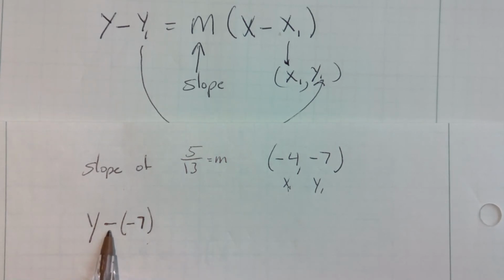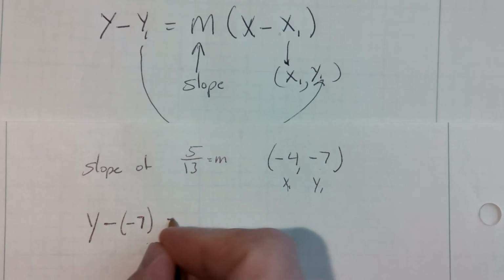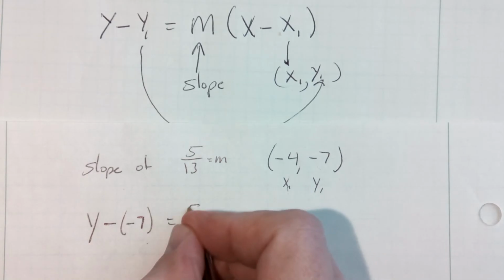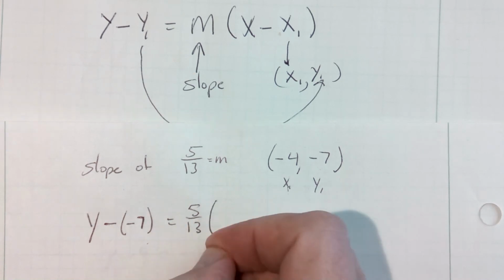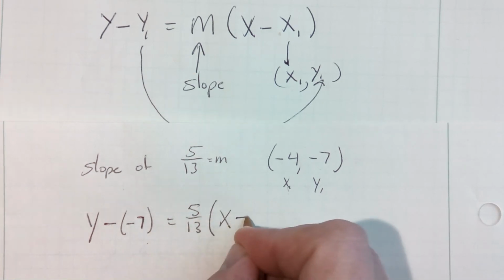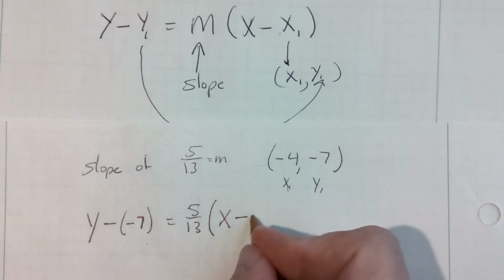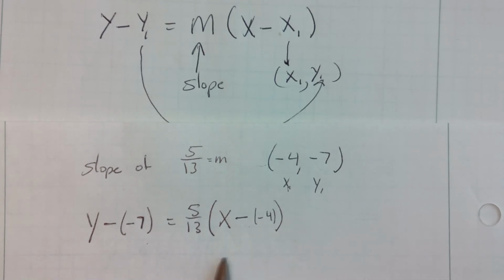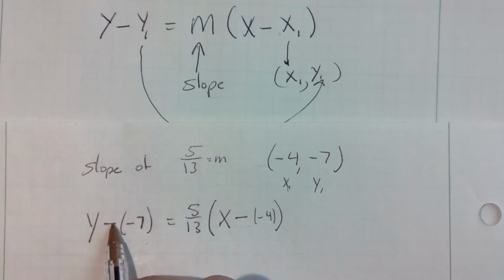It might look like a -7 equals my slope, 5/13, so I put 5/13, put parentheses, and then I do x minus, and again, it's a -4, so again, I have a -4. So you might actually end up typing it in like this into the iExcel program. If they include a minus, you'll understand what I mean when you go to do it.